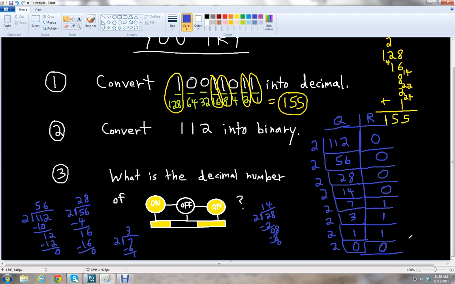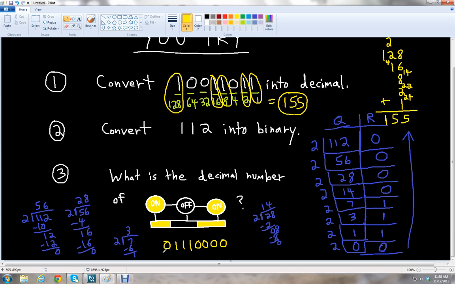is we're just going to go from bottom to top and write all of our digits. So let's see what we get here. We get 0, 1, 1, 1, 0, 0, 0, 0.